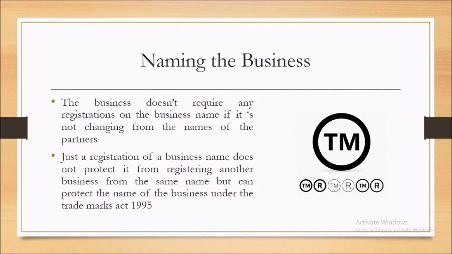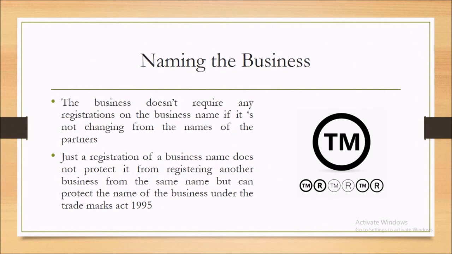the provisions made by the Trademarks Act 1995 under the business trade name registrations. So if you have registered your business name under the trademark registrations and the provisions made by the 1995 Act, you can register your business name as unique to your business, right?